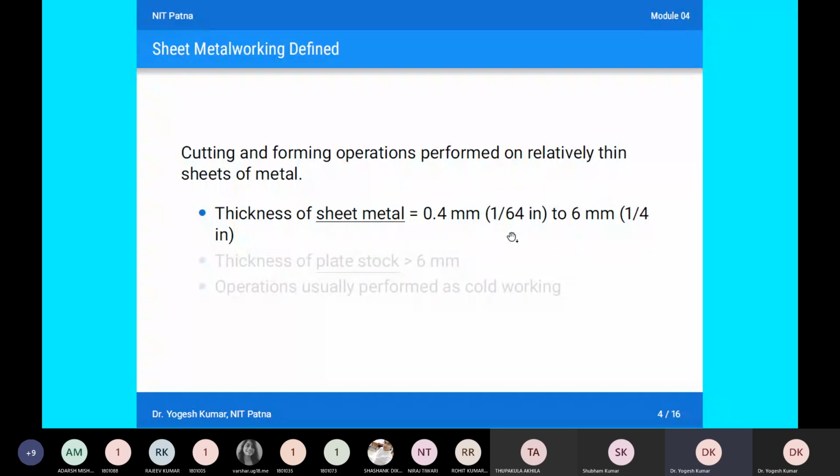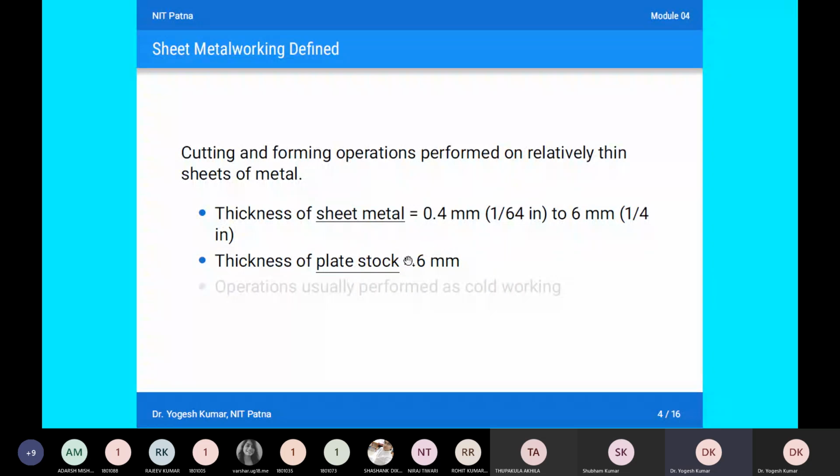If you take this dimension in inches, it comes to around 1/64 inch to 1/4 inch. This is how we distinguish between sheets, foil, and plates. So what is plate?